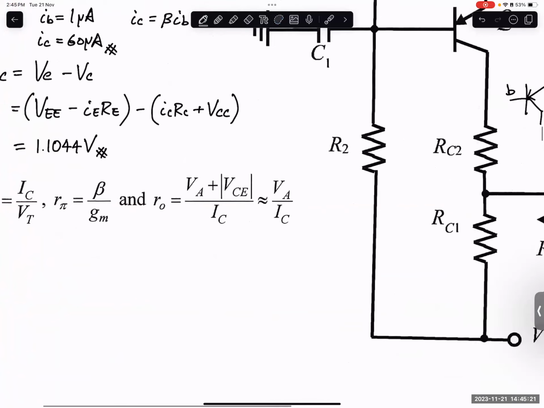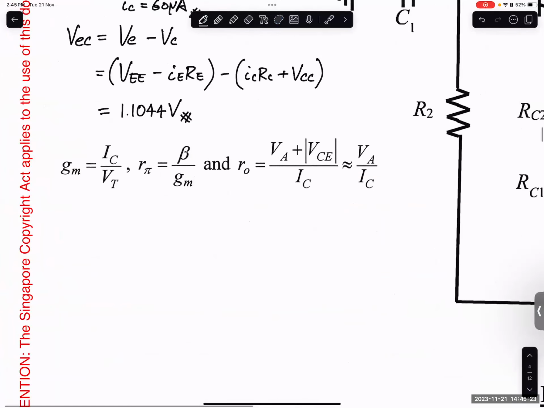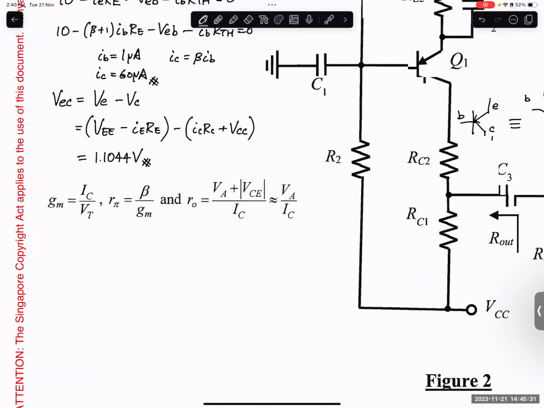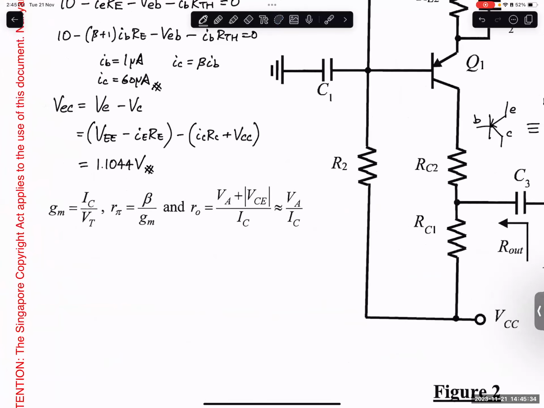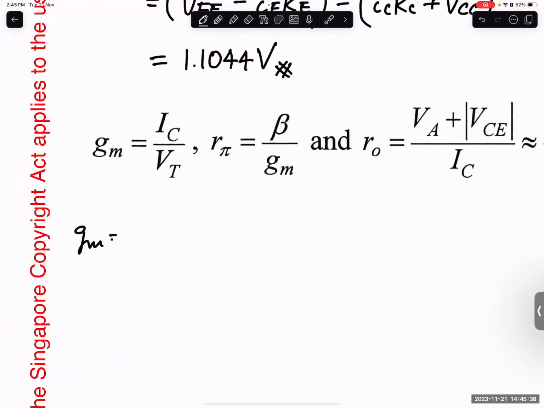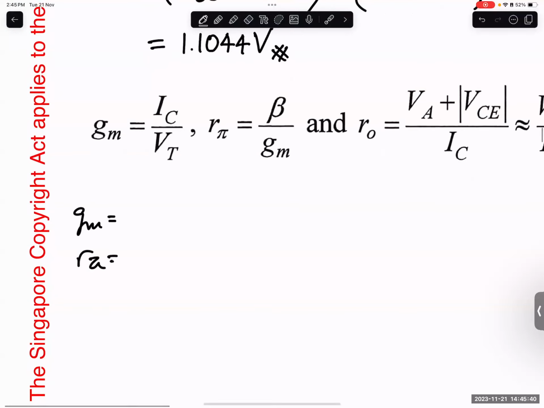Early voltage. You know your IV characteristics, and then it has to cut off at the back. That's the reverse side. Okay, so what's the value for GM? VA plus VC. Oh, I see.